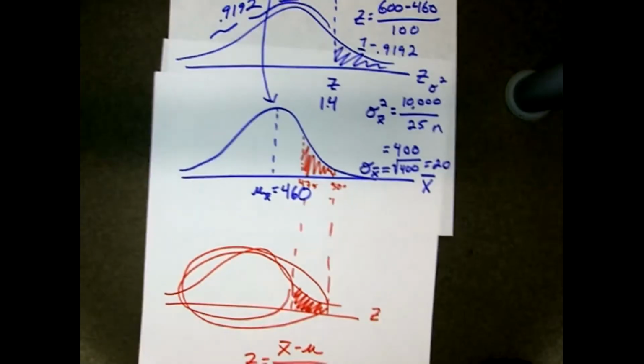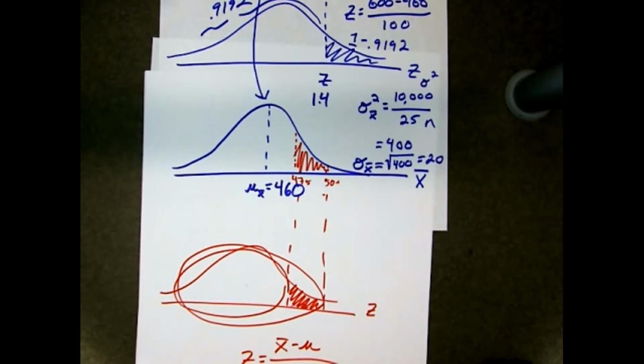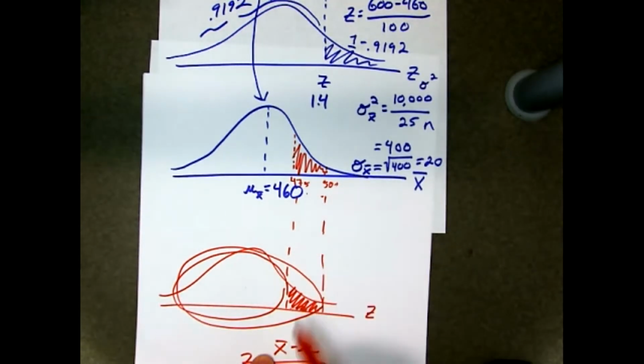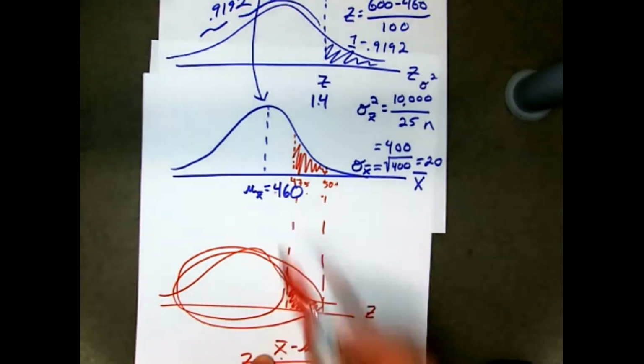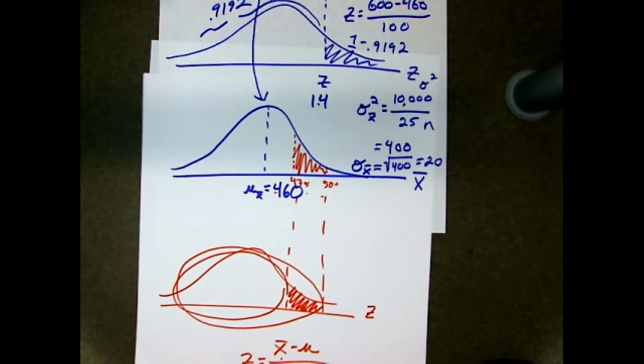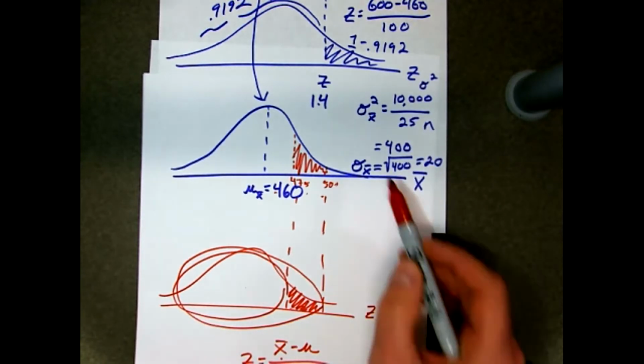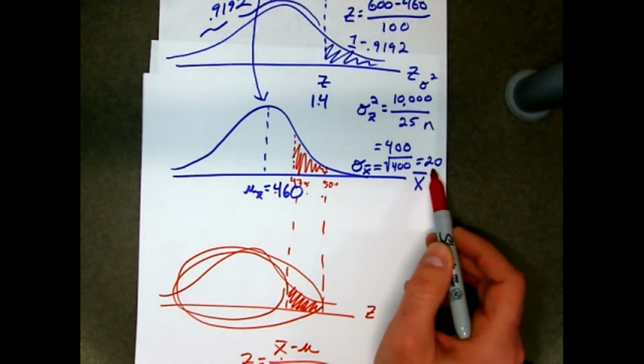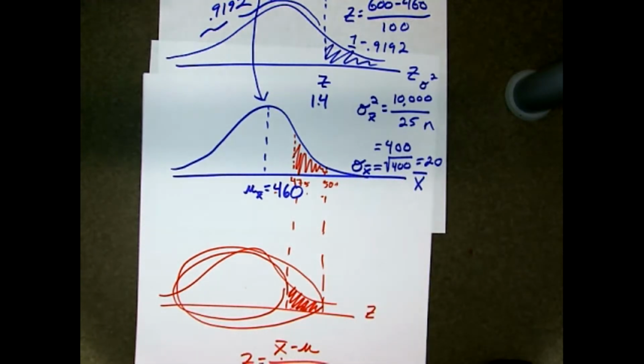It's just that now this represents the standard deviation of the statistic that we're interested in, right? So I would take those values, 475, subtract the mean of 460, divide by, now I could plug in the population variance and the sample size, or if I had calculated that standard deviation of my sample means ahead of time, I could just plug 20 in here, right? So kind of two different ways of doing the same thing there.